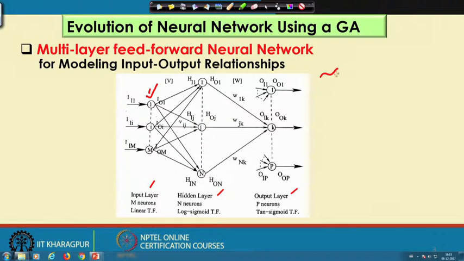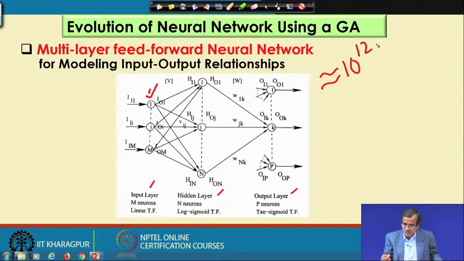The number of neurons could be in the order of 10 raised to the power 12, a huge number, and all such neurons are working in parallel in our brain. So, our brain is a highly complex parallel computer. But before that, let me try to see what is there in a particular biological neuron.